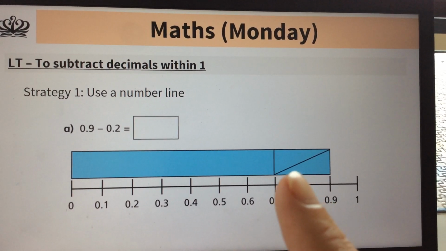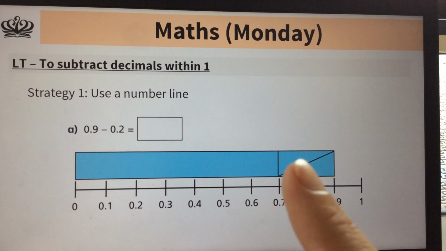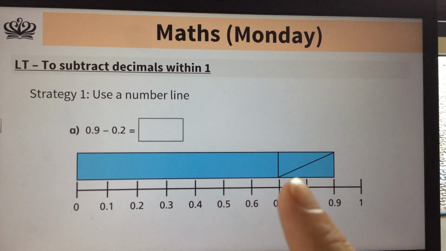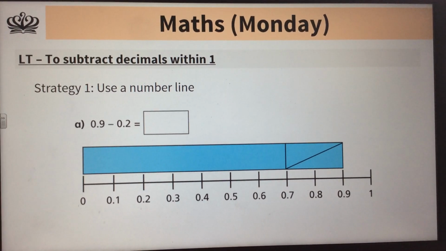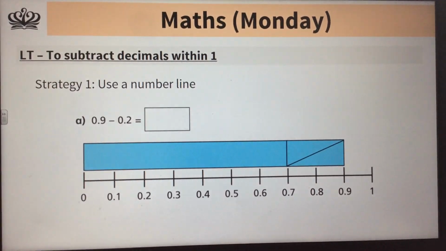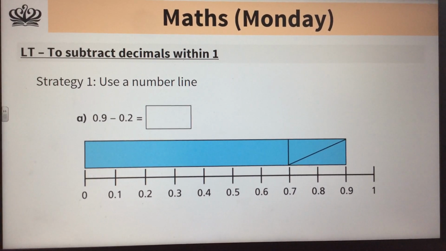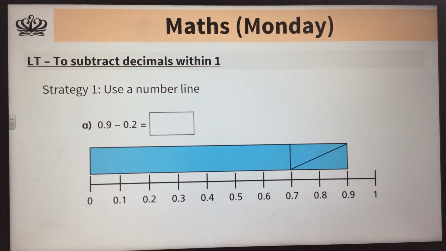So there's 1 tenth, 2 tenths. So that box at the end is 2 tenths, and we've taken that away, and it takes us to 0.7. Okay, so using the number line just like you did yesterday, but using it to subtract, to count down instead of adding.